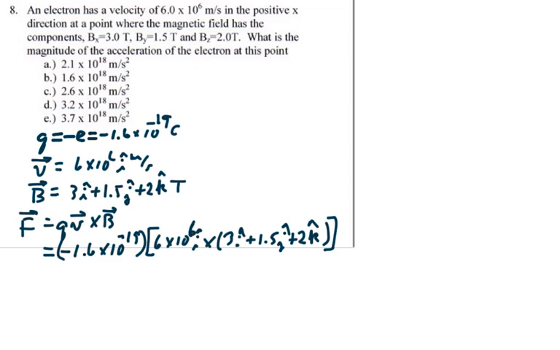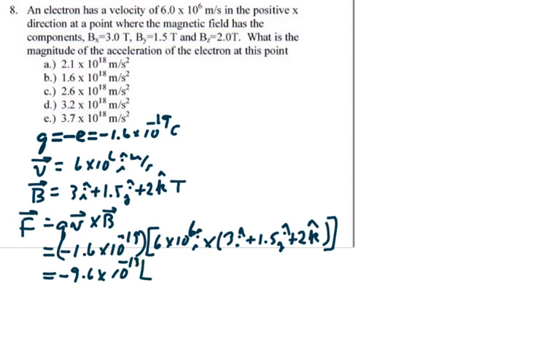Well, since the 6 times 10 to the 6 is being crossed through all those components, it's going to be a factor in all those components. So I'm going to just multiply that out with the charge. And so the negative 1.6 times 10 to the minus 19 times 6 times 10 to the 6 is going to give me a negative 9.6 times 10 to the minus 13.